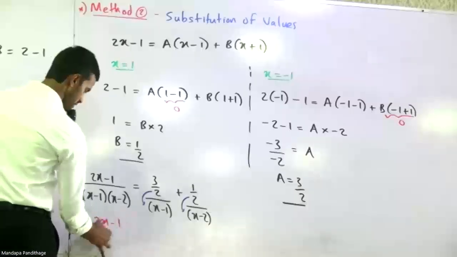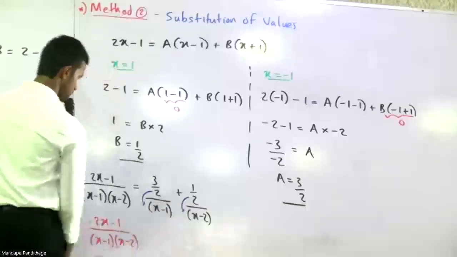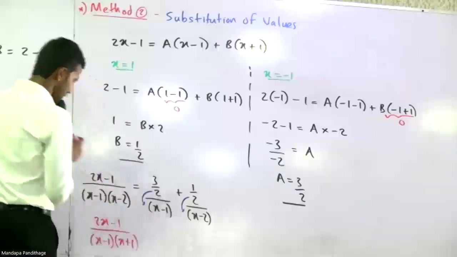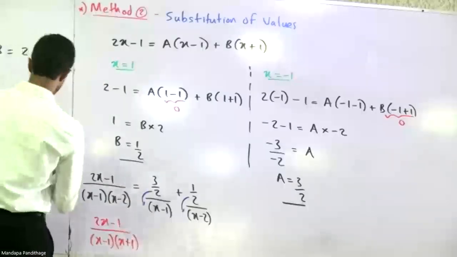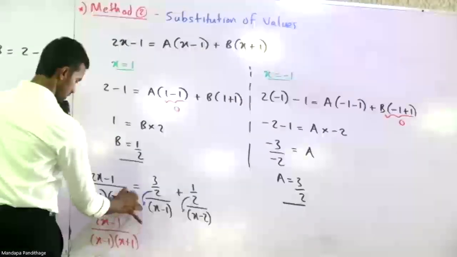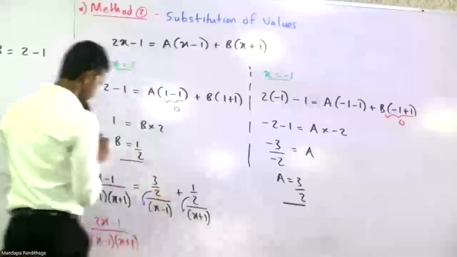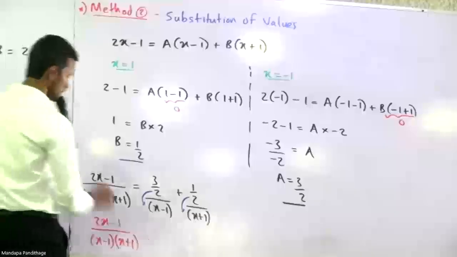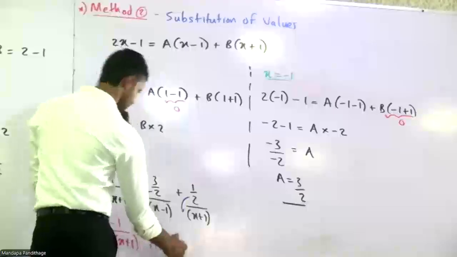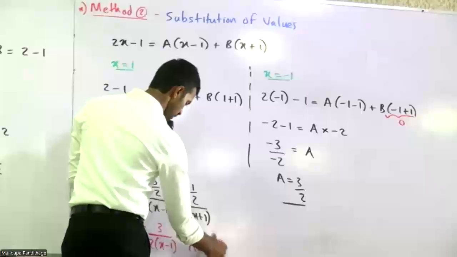So what is your final answer? The final answer should look in this way: x plus 1. What's x plus 1? X minus 1 and x plus 1. So the final answer is in this way: it is equal to 3 over 2 times (x minus 1), and when 2 comes down, 1 over 2 times (x plus 1).